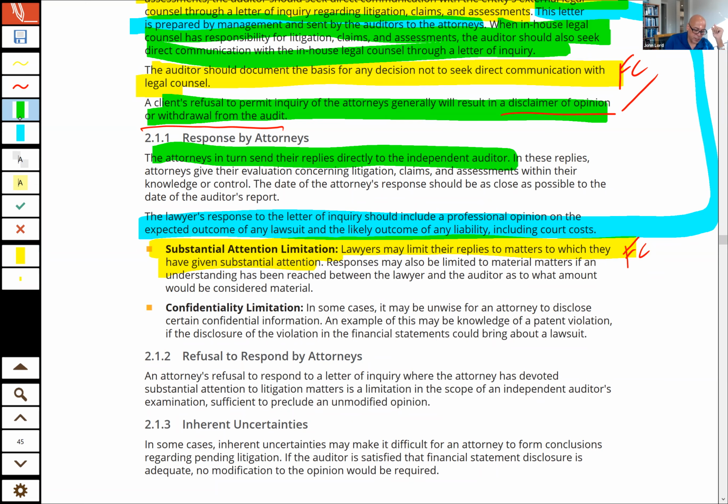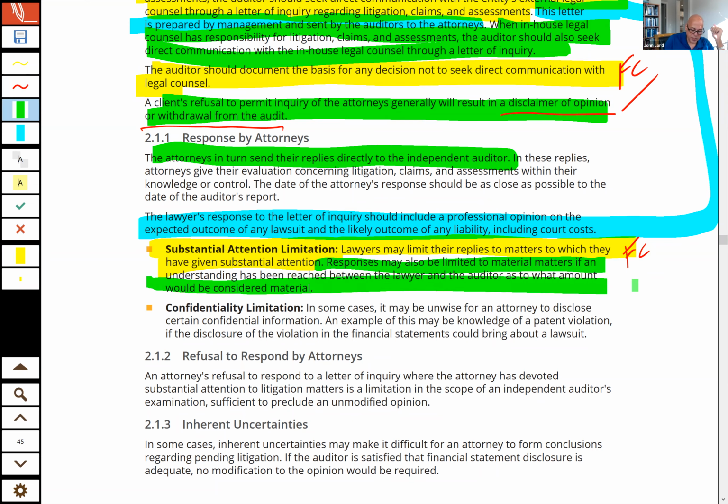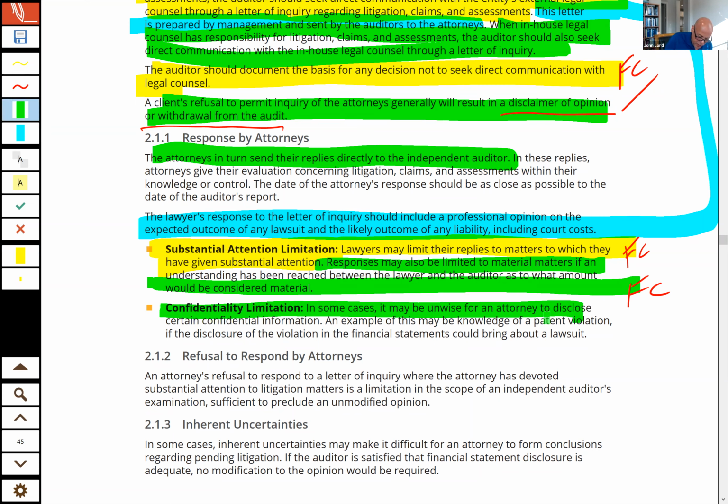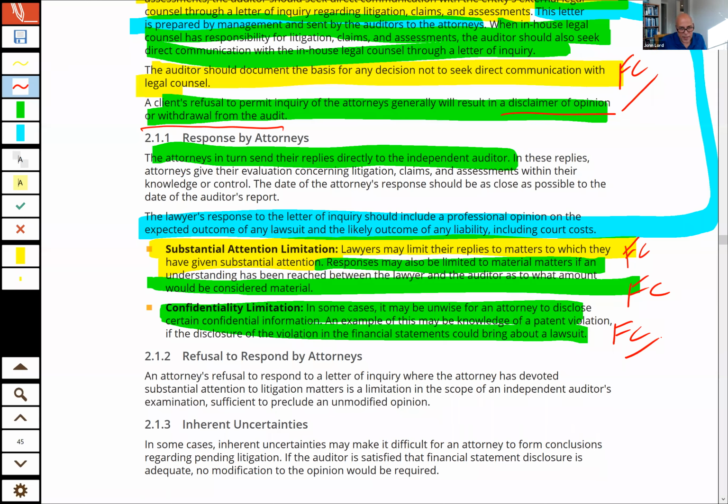Now, you could limit it to materiality, something that's material, but that requires a meeting of the minds between the attorney and the auditor as to what constitutes something that's financially, quantifiably material. Now, there's also a confidentiality limitation. The attorney doesn't have to put anything in the letter if putting it there, and then you wanting the client to disclose it, and the client being compelled to disclose it, would bring the lawsuit.